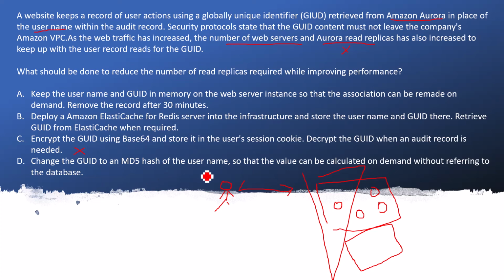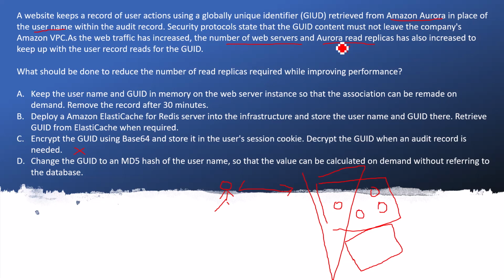Next option: change the GUID to an MD5 hash of the username, so that the value can be calculated on demand without referring to the database. We are not dealing with any kind of security here, because the username is already mapped with the GUID, and we are trying to resolve a performance problem. If we are not reducing the read replicas, it means it is already giving the performance.